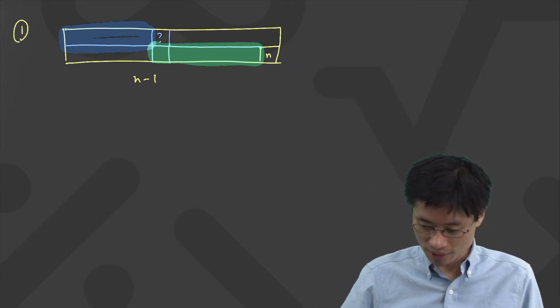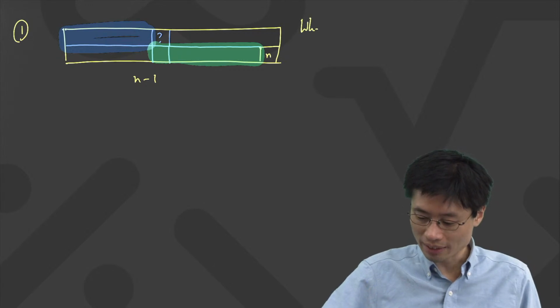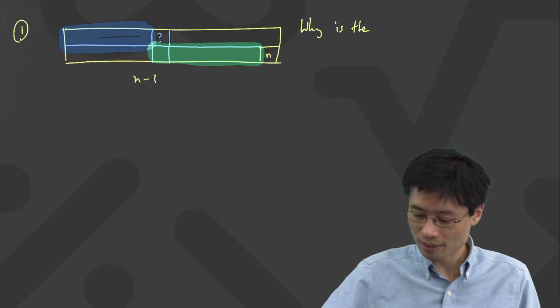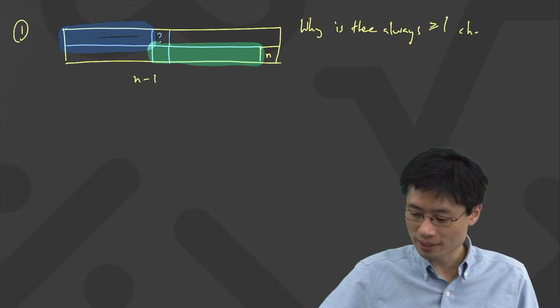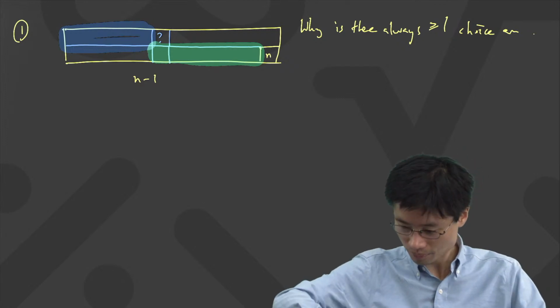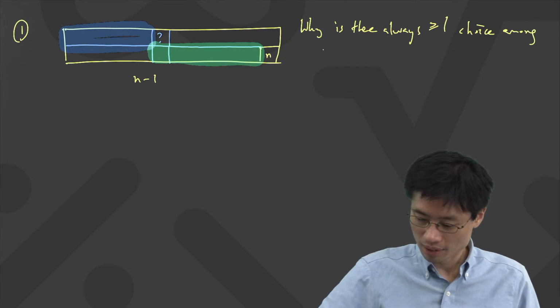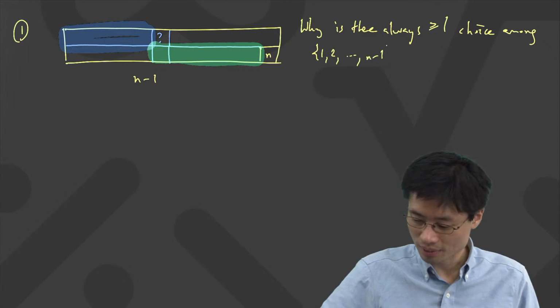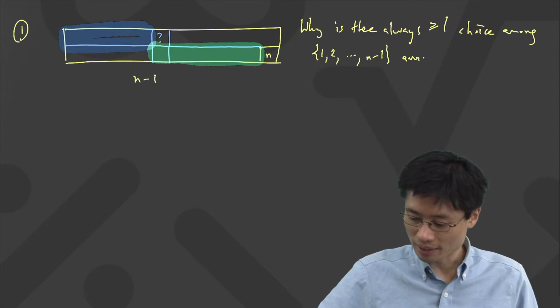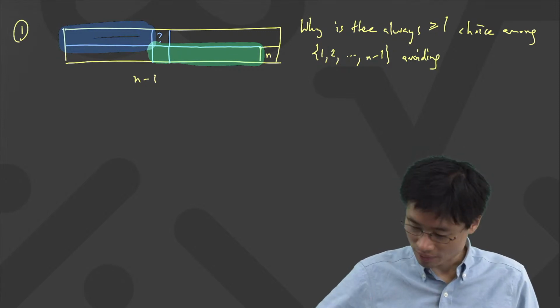And the question is, how to know, or why, is there always at least one choice among the numbers 1, 2, up to n minus 1, avoiding the blue and green?